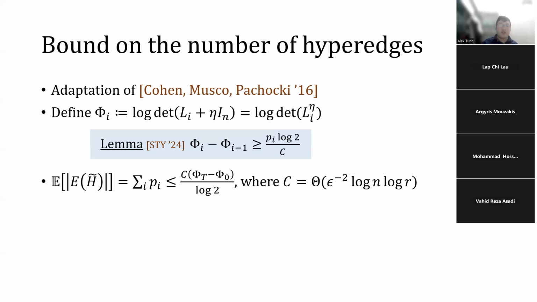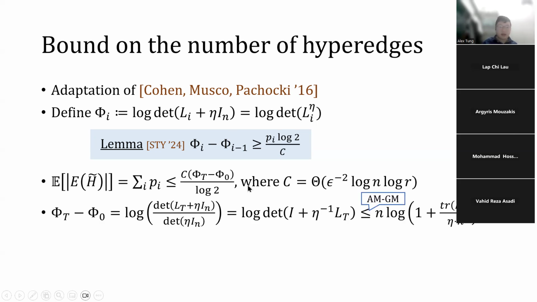So with this, we can do a telescoping sum. Then we know that the expected number of hyperedges chosen is the sum of pi, which is upper bounded by phi t minus phi 0 times the oversampling rate. And then we can show that phi t minus phi 0 is upper bounded as follows.